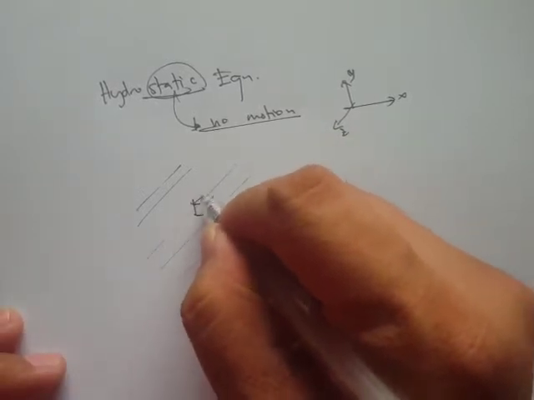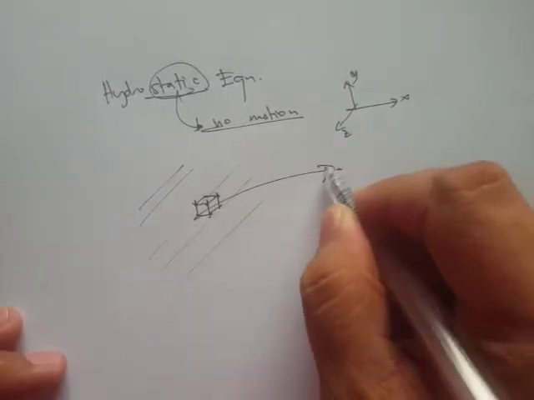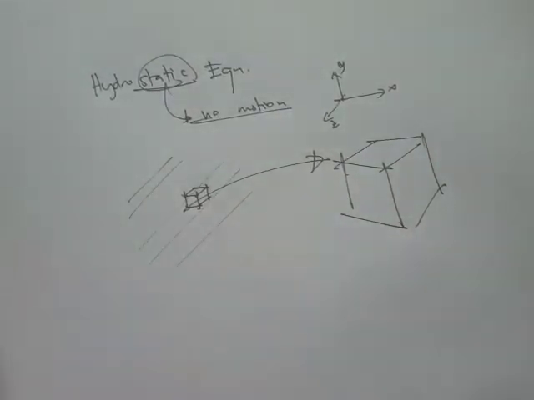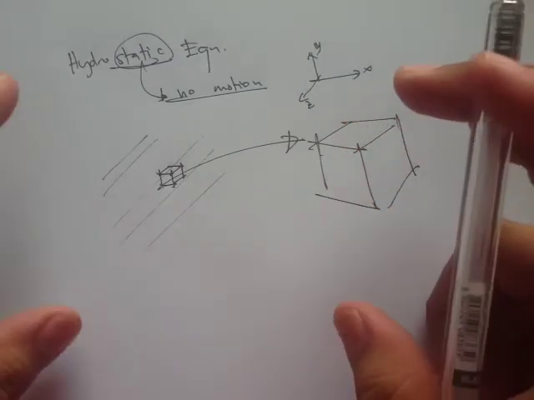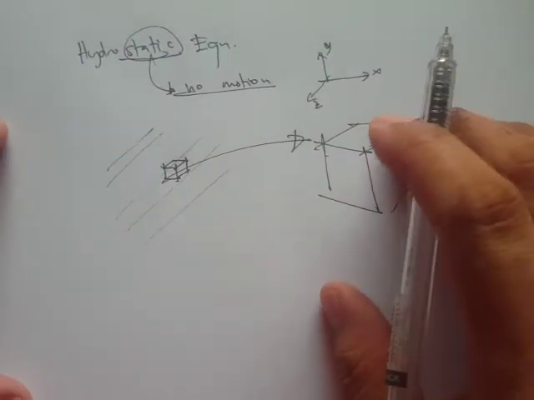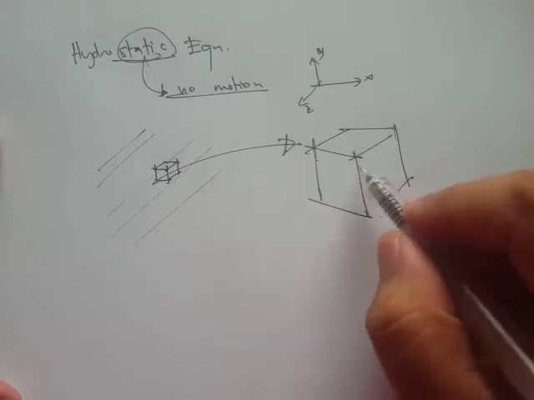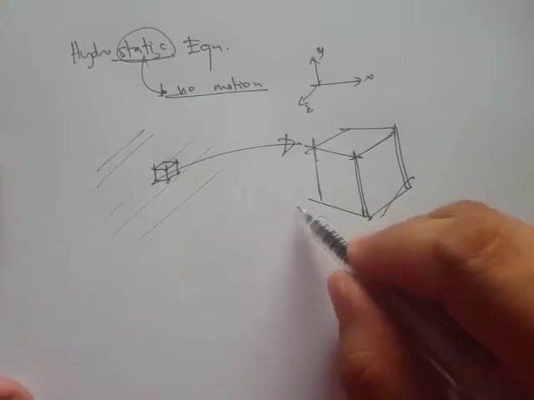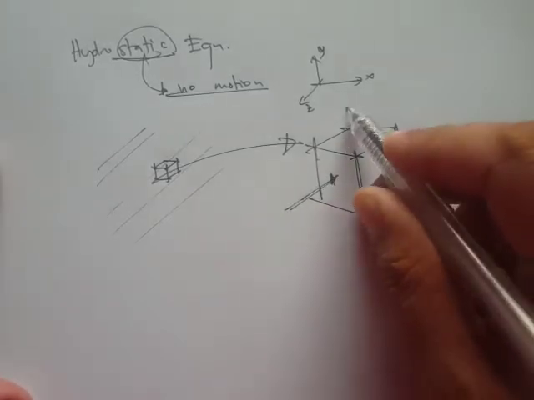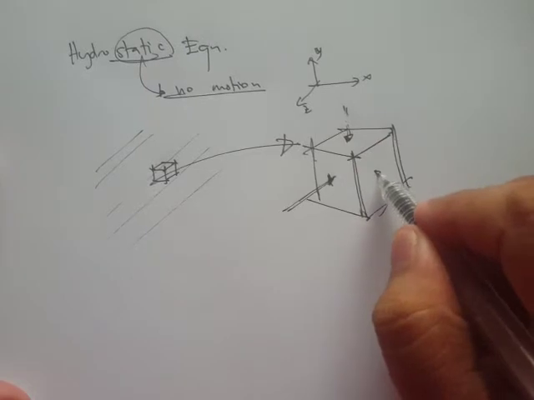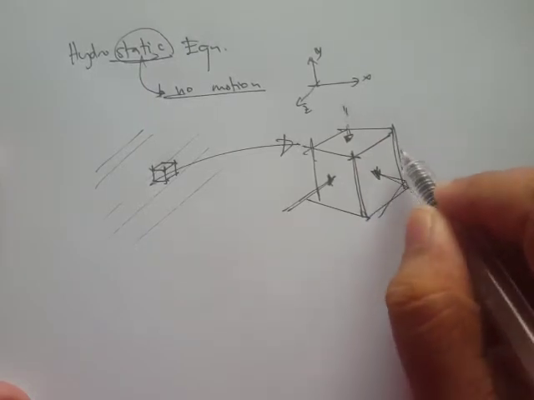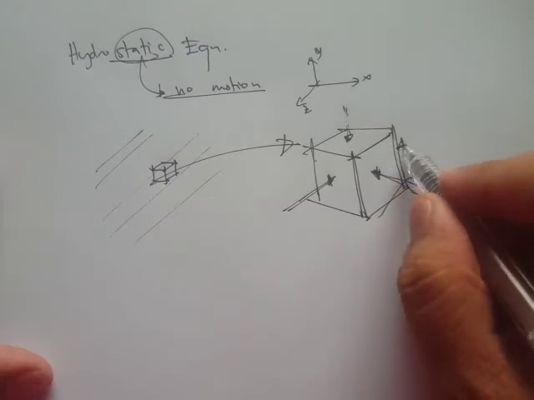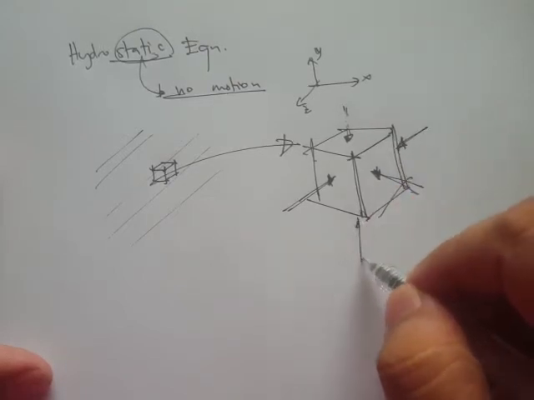and if we consider an infinitesimal volume, right? So we'll see that there's going to be no shearing stresses on all the faces of this volume. Right, so if there's no shearing stresses, meaning it's just static, the force that's left is just the normal force, and you'll later realize that this normal force is simply the pressure.